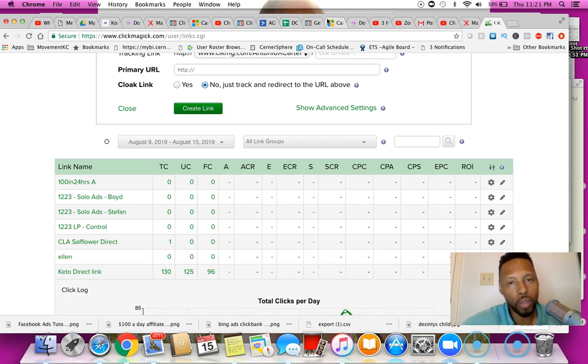Direct linking works very well, but I highly advise that you integrate some type of capture page software so that you can capture those emails and then sell to individuals. You will save more money doing that because you can send emails and offers to those individuals further down the line. You don't have to always spend money. It's not always a guessing game.